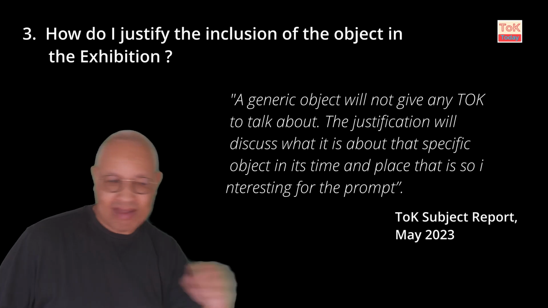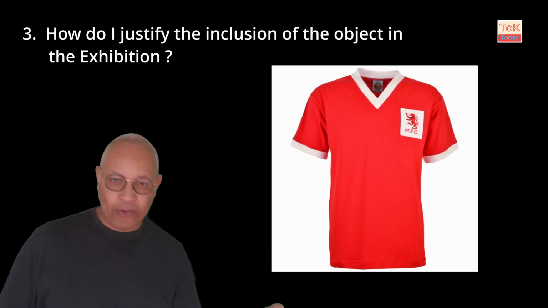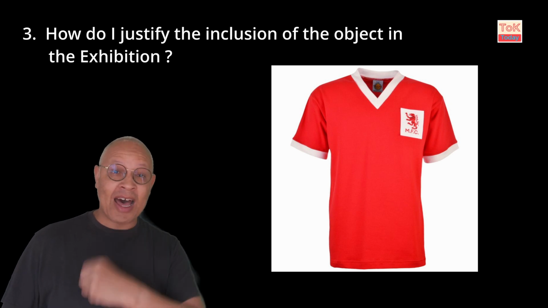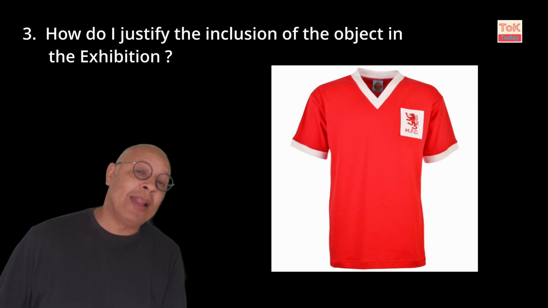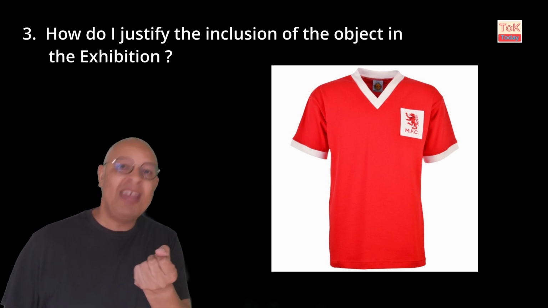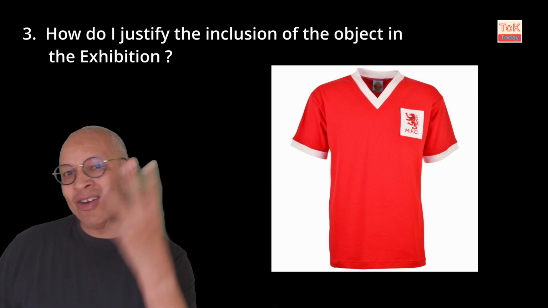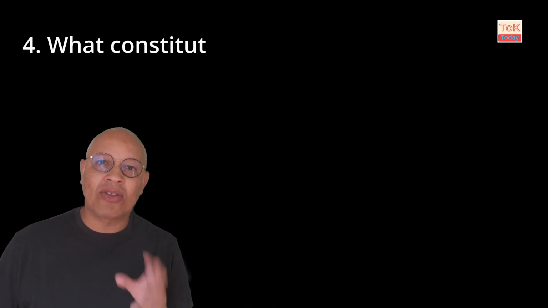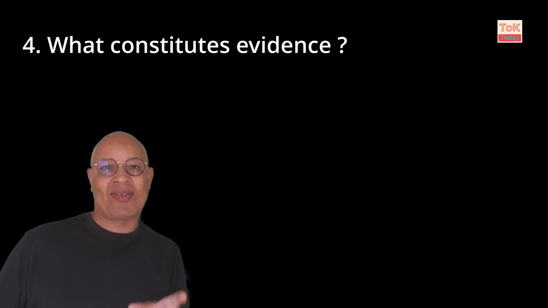So that you can't just say, this is a football shirt, but if you say, this is the football shirt that I was wearing when I realised that knowledge is made in collaboration with other people, then you're going to get some marks. Okay. Let's go on to the final question, which is, what constitutes evidence?